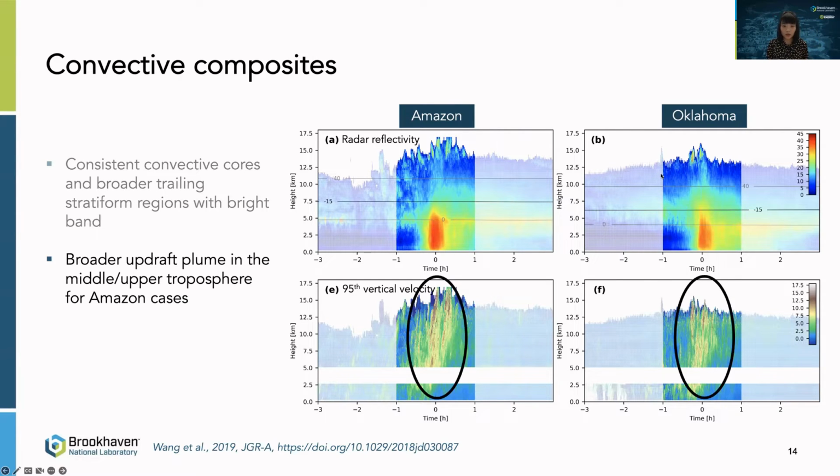In terms of the negative phase vertical velocity field, they both have very consistent updrafts in the middle and upper levels around time zero. But in the Amazon, you have a little more consistent updrafts compared to these noisy features in Oklahoma.